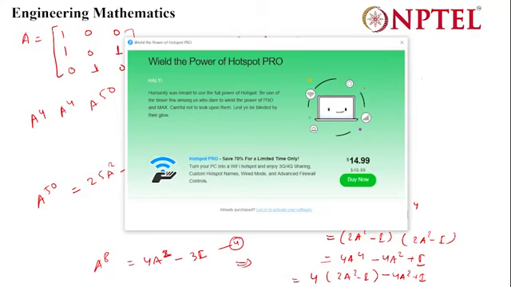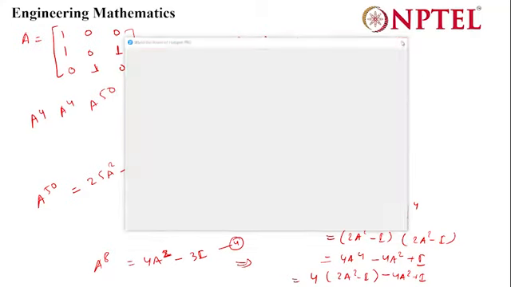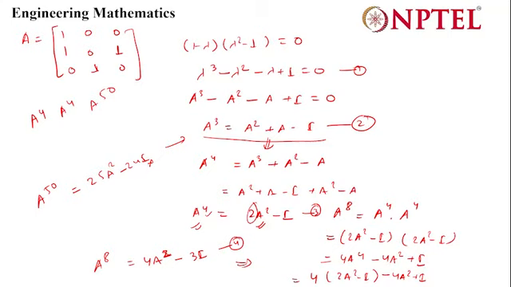Same when we look at a to the power 8, the coefficient was 4a square, and this coefficient was 4 minus 1. So we can write a to the power 50 will be 25a square minus 24i.